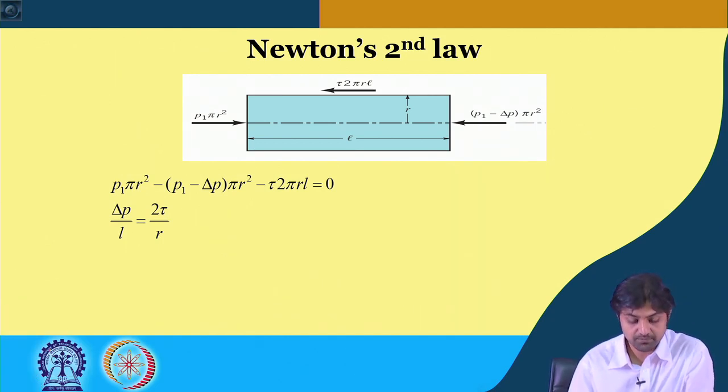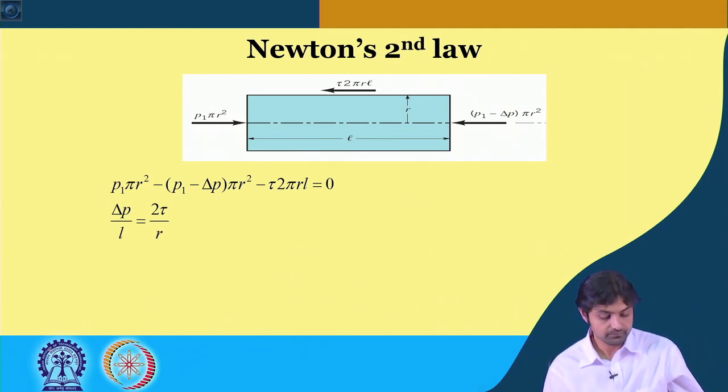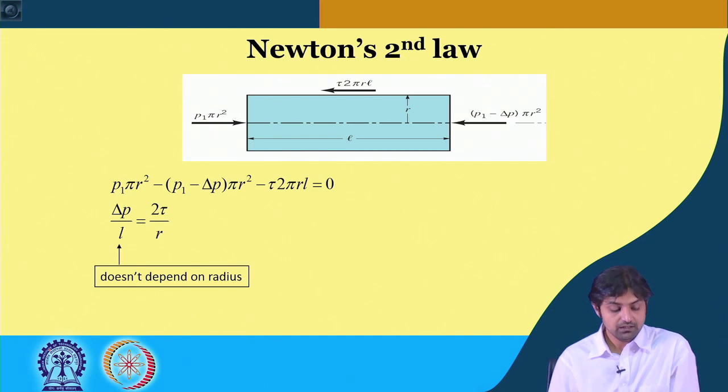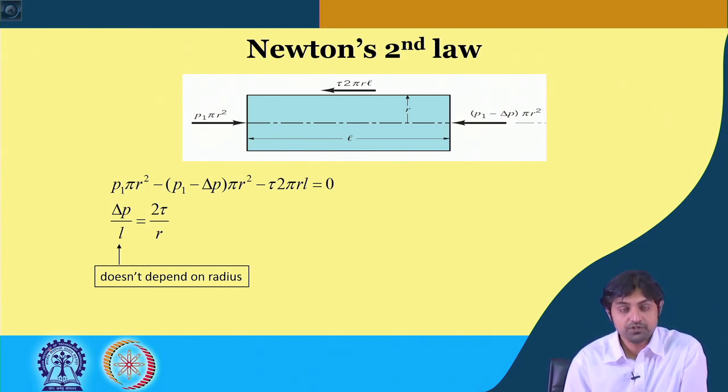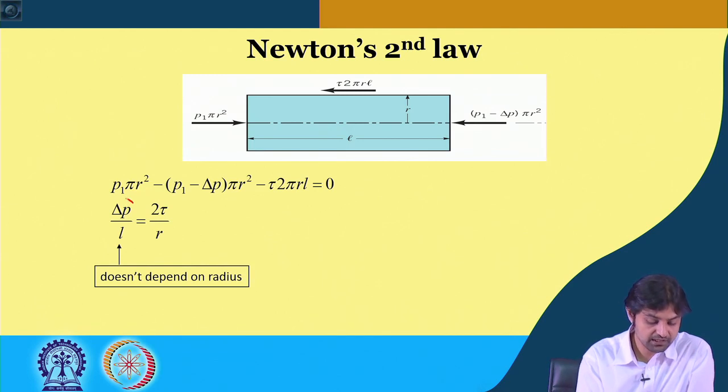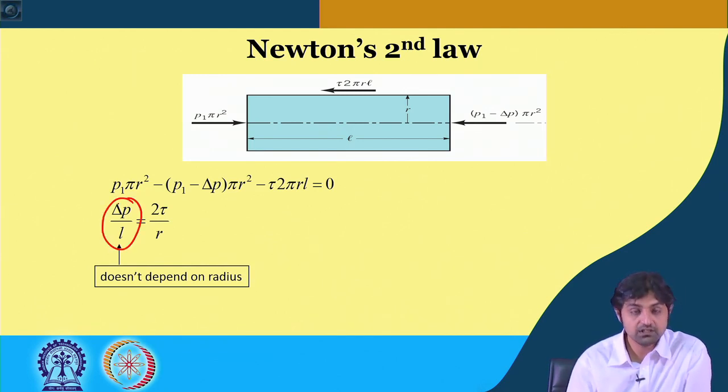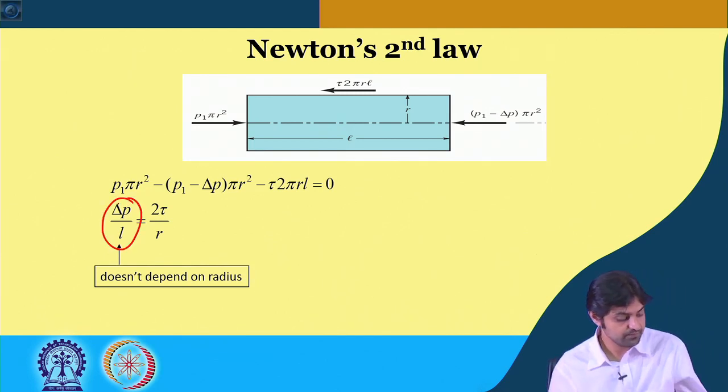So, we get delta P by L is equal to 2 tau by r. See, this delta P by L does not depend upon the radius, because it is the pressure drop per unit length, and this we call equation number 1.